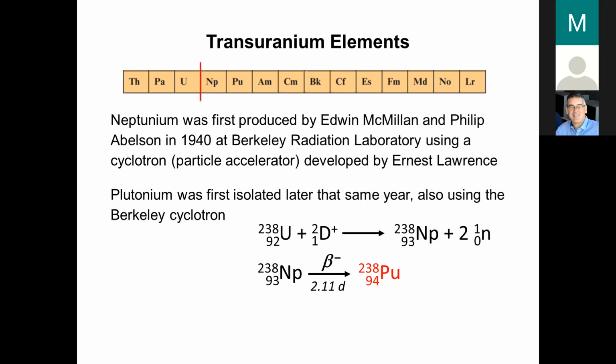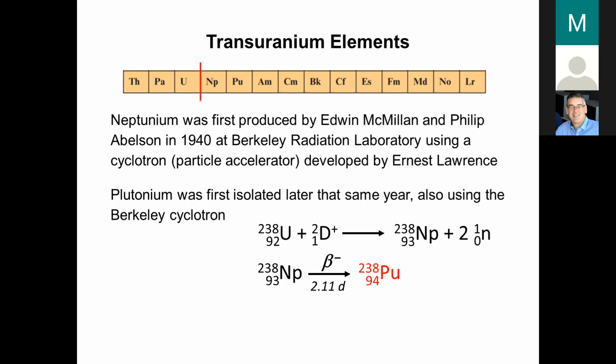So neptunium was isolated by bombarding uranium with deuterium, with deuterons, but as it only has a half-life time of 2 days, it was very clear that shortly after these scientists had neptunium at hand in Berkeley, they also found plutonium, to which it naturally converted on very short time scale.